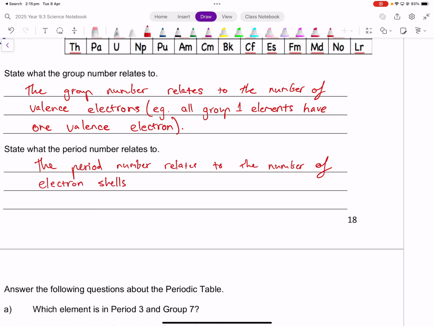So if we were to pick an example of this again, we could pick an element. Let's maybe pick an alkali metal as we did the first time. The alkali metal I'm going to pick is potassium. So for example, potassium, the symbol K, is found in period what? 4, and has 4 electron shells.